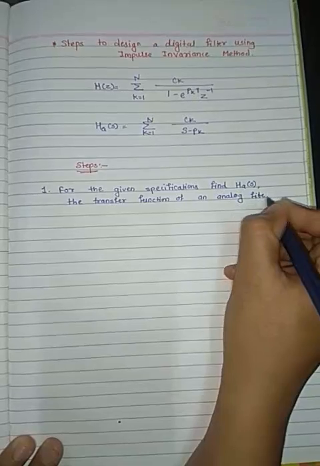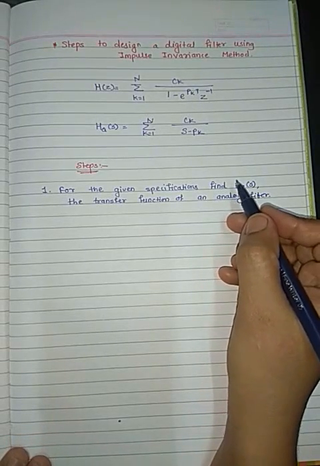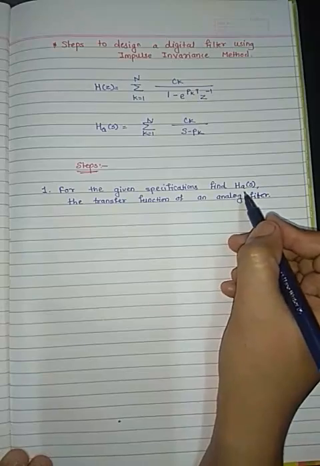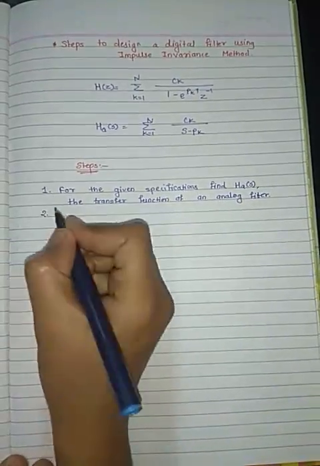We know how to find HA(s). In our previous video we have seen how to design an analog filter, so firstly we have to find HA(s) using those steps.